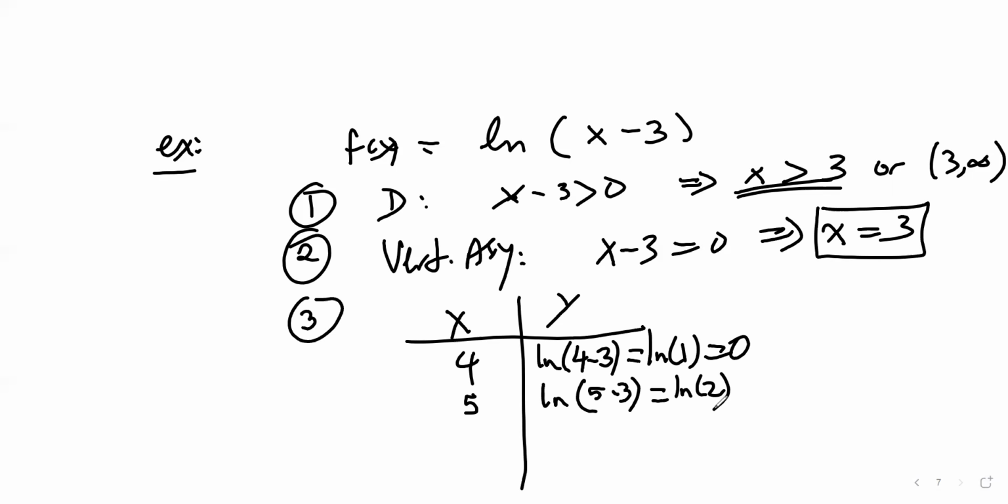We can approximate this number, and that is okay. ln 2 is approximately 0.69. And you can try any other number you want. So 6 minus 3 is going to be ln 3, and ln 3 is approximately 1.09.